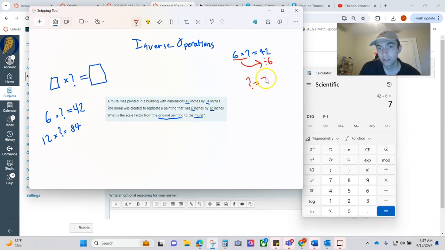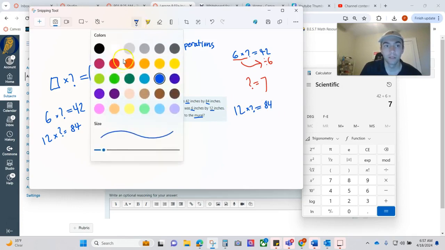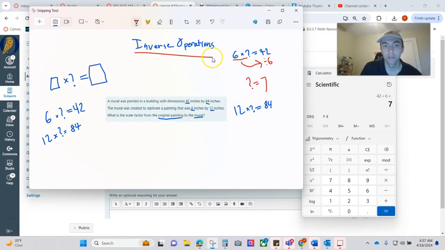Question mark is 7. Now, I think 7 is my answer, but just to be sure, let's find the scale factor for this second math sentence too. They should be the same thing, and if I did my work right, they will be. So 12 times what is 84? Let's use inverse operations and do the opposite math to the opposite side.